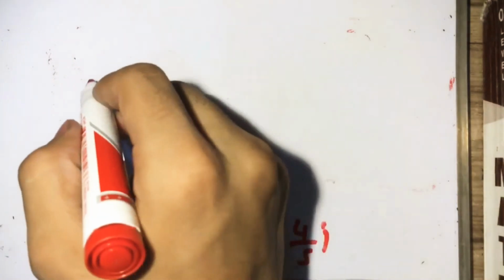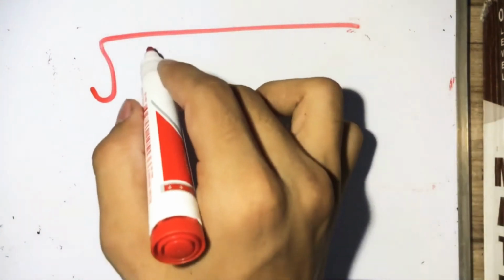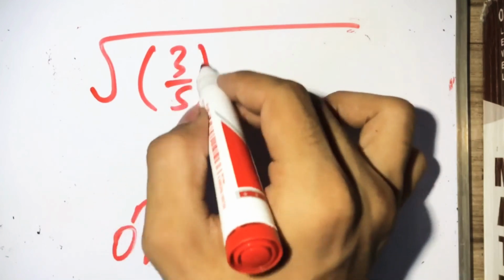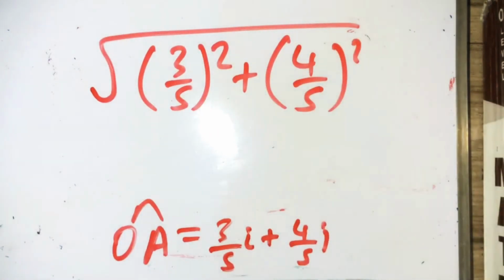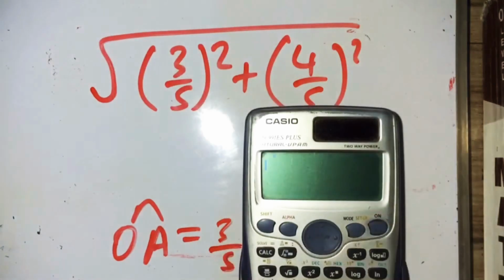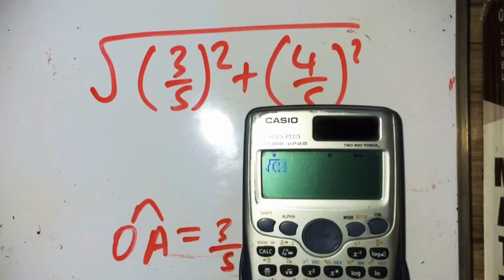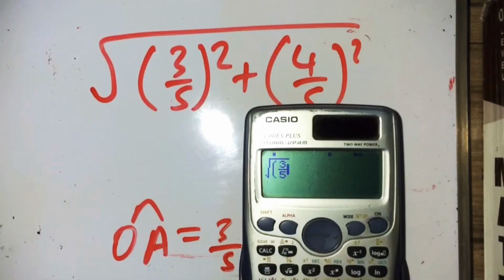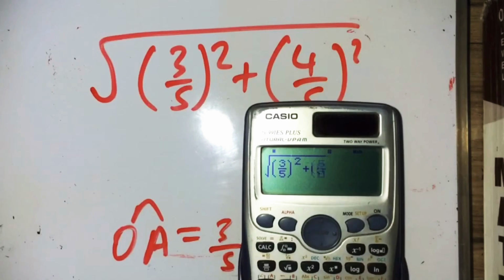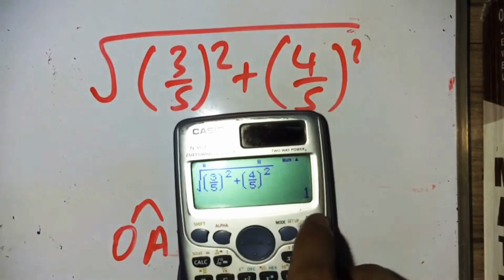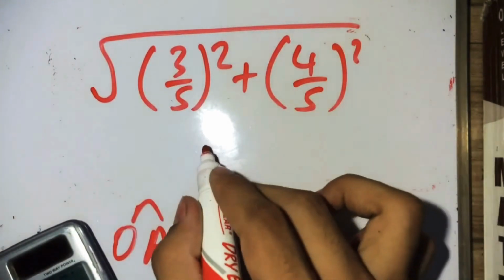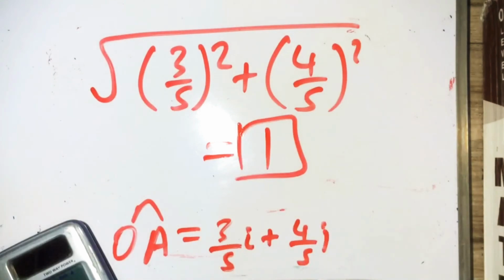For the magnitude, we'll have (3 upon 5) whole squared plus (4 upon 5) whole squared, this is coming equal to 1. So we have the right answer.